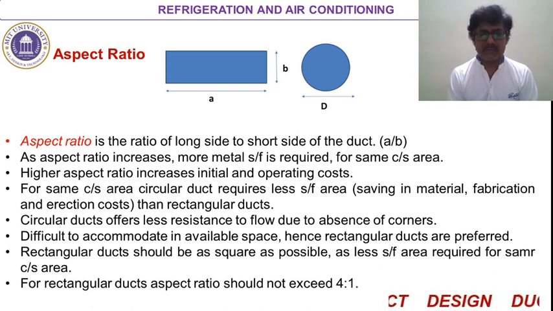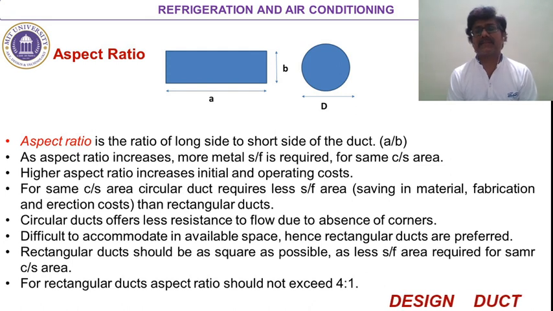Whereas for the circular duct, for the same cross sectional area, the circular duct requires lesser surface area, so it is compact. If we have the same cross sectional area for rectangular and circular ducts, then the circular duct will occupy lesser surface area.